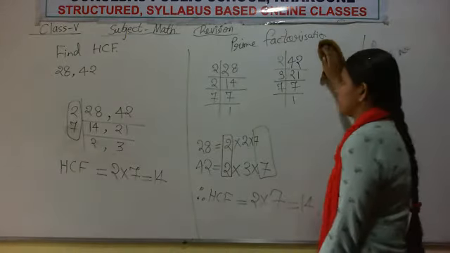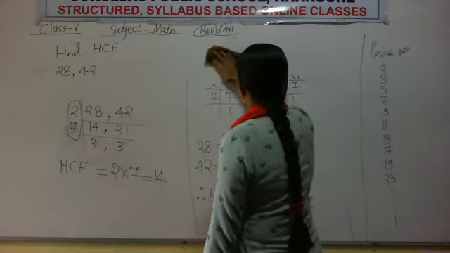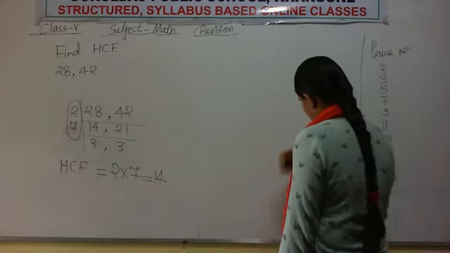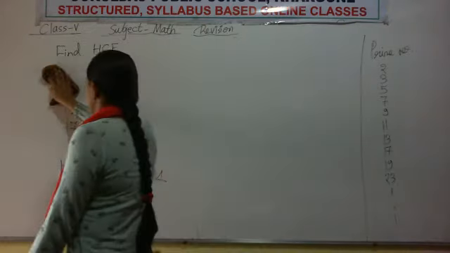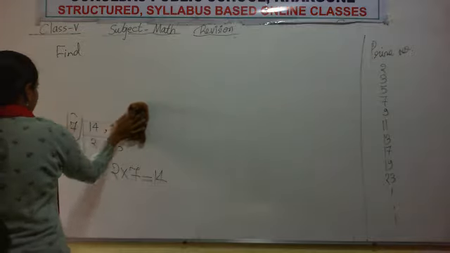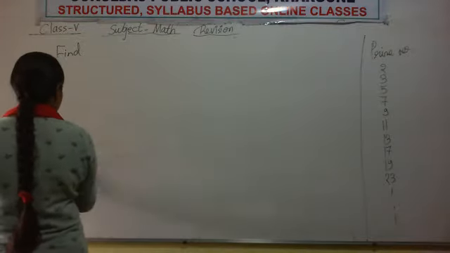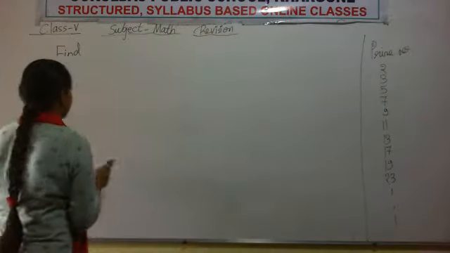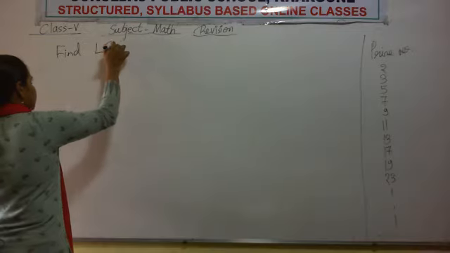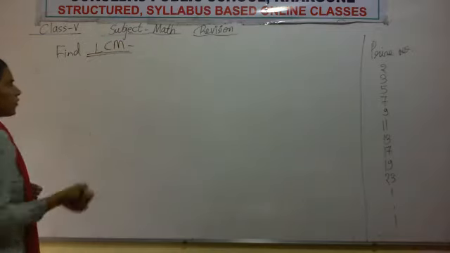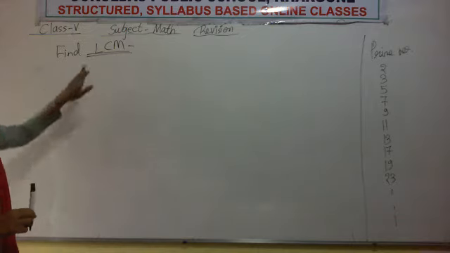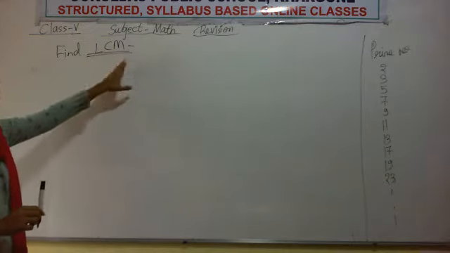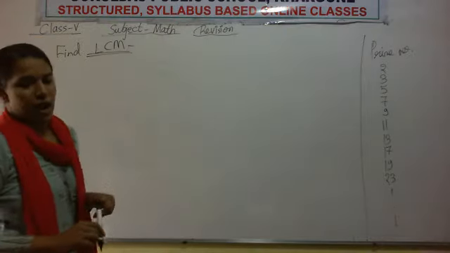Now how do we find the LCM? What is the full form of LCM? L stands for lowest, C stands for common, M stands for multiples, lowest common multiple.